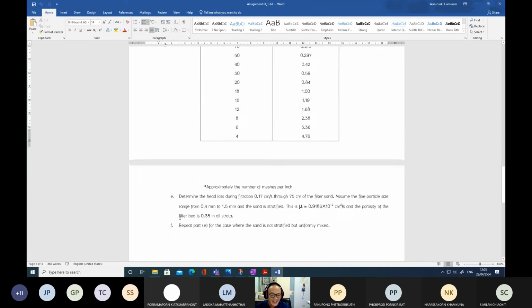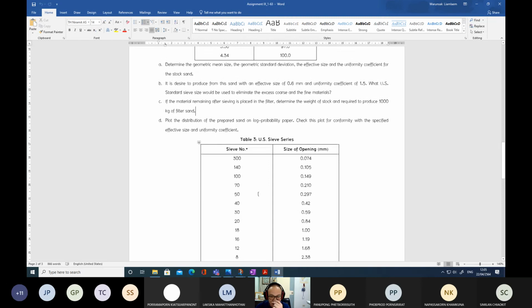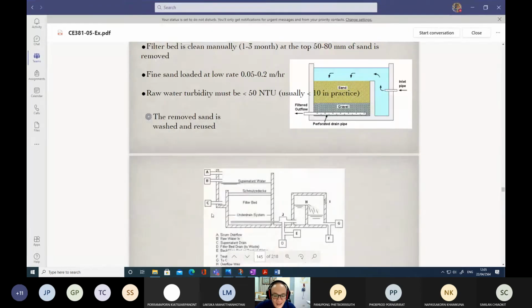For D, E, F, I have already posted the solutions in the MS Teams. If you have time, you can look at these solutions. Okay.